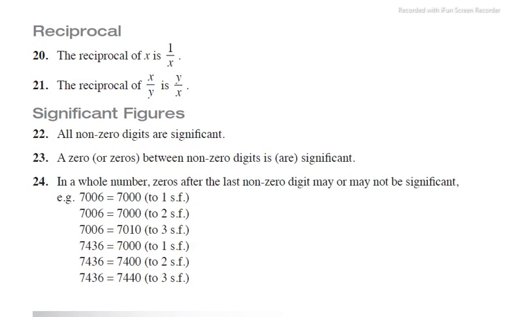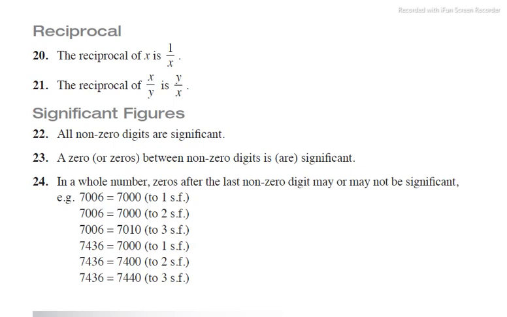Still, we can write the same number to 3 significant figures by rounding off 6 to the nearest tens, which gives us 7010. But in this, you realize that we are not considering the last 0.